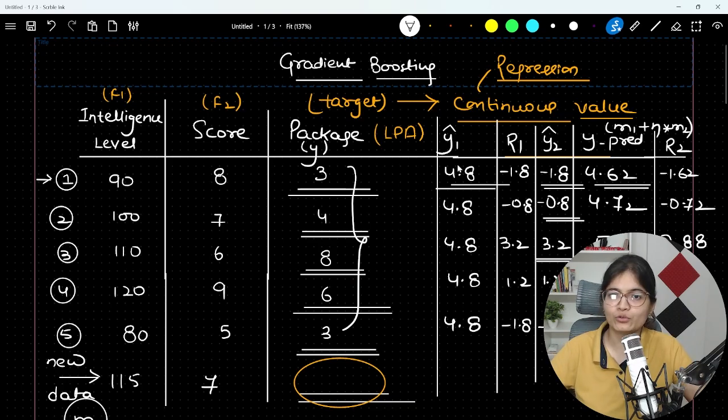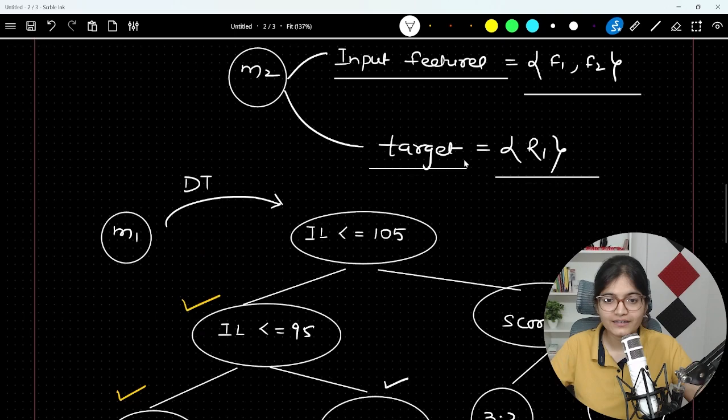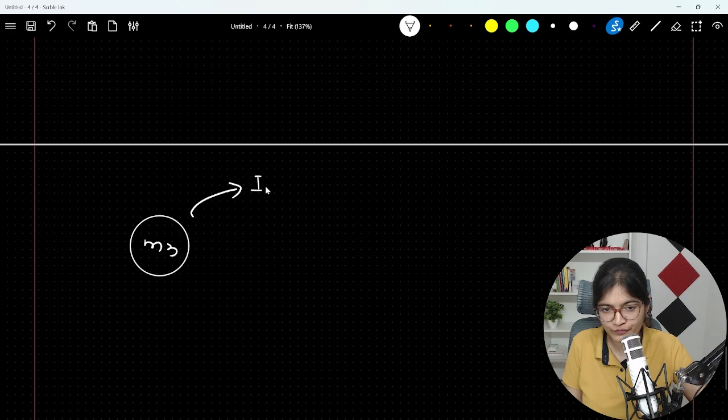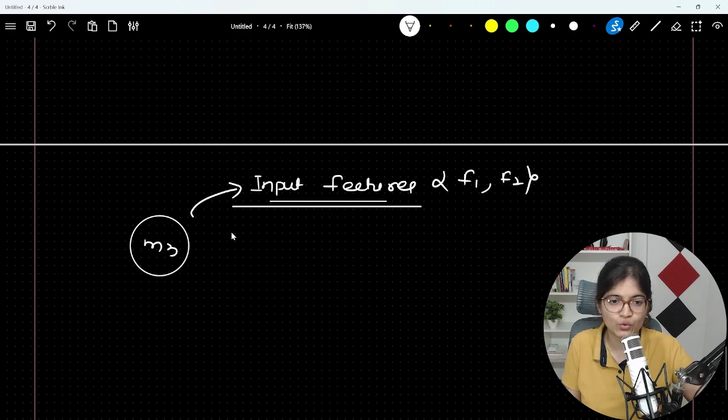Once we achieve the residual, what is the next step? The next step is to create a decision tree for model M3. This is for model M2 we have created. Now we curate a decision tree for model M3. In model M3, your input features will be F1 and F2, which are the intelligence level and the score.